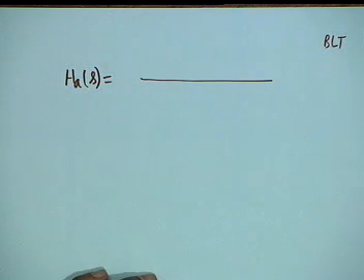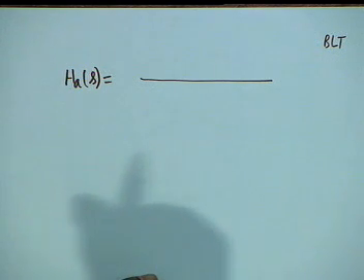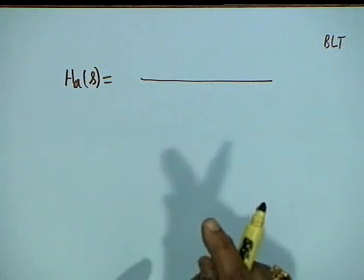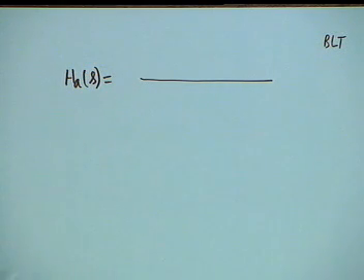Okay, H_a(s), the transfer function would be, since it is second order, the transfer function must start from 1 by square root of 1 plus epsilon squared. It is a Chebyshev design. Even orders start from the lower end of the passband tolerance.